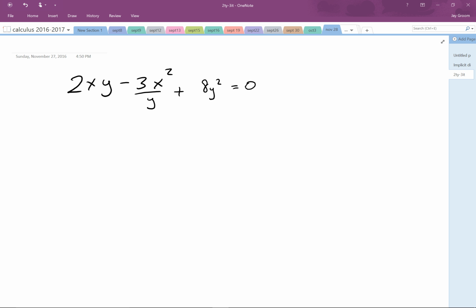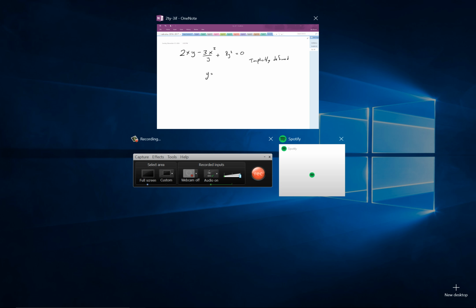The idea being here is that in order to solve this and graph it, you'd have to do this: y equals, and then blah blah blah. You have to be able to solve for y, which you can't. So we say that y is an implicitly defined function. That is, it's not exactly a function from the standpoint of y as a function of x. It's implicit that it's a function of x. We understand it to be a function of x.